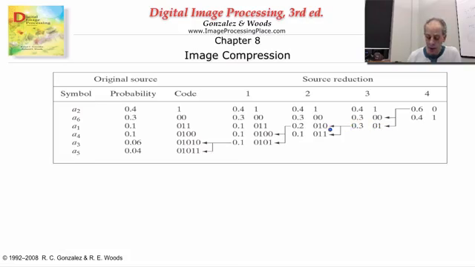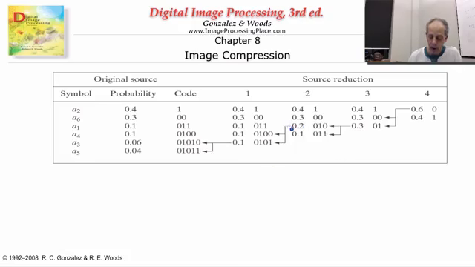So now we keep propagating. We propagate the 1 to the 1, the 0, 0 to the 0, 0. The 0, 1, we have to split because this 0.3 probability came from the addition of these two. And then we have a 0, 1, 0, 0, 1, 1.